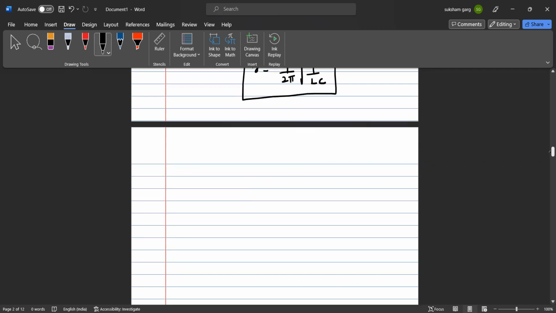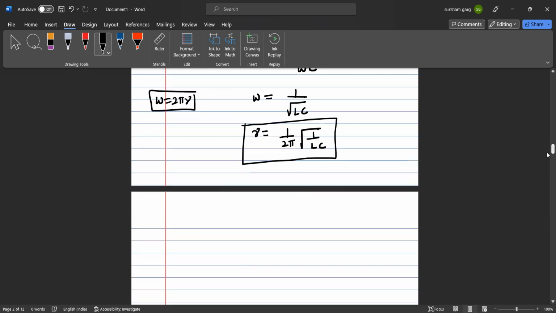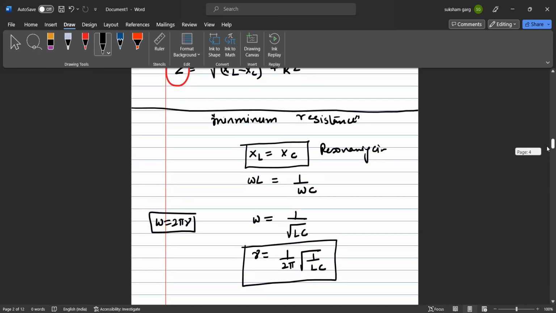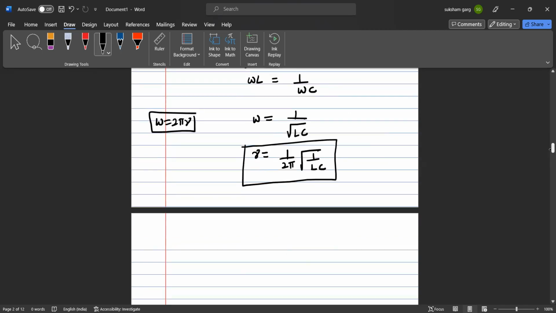And here we can also define something called quality factor. It's not necessary that in an AC circuit we will get current only at one position, because we are always writing I equal to I naught sine omega t plus or minus pi by 2, right? So we can also define something called Q factor or quality factor. Quality factor is actually seen in radio waves also.